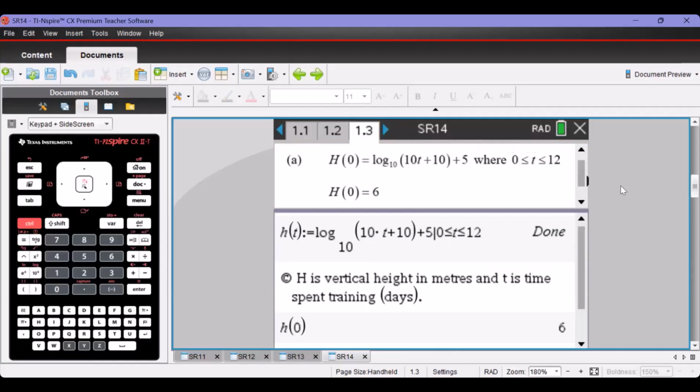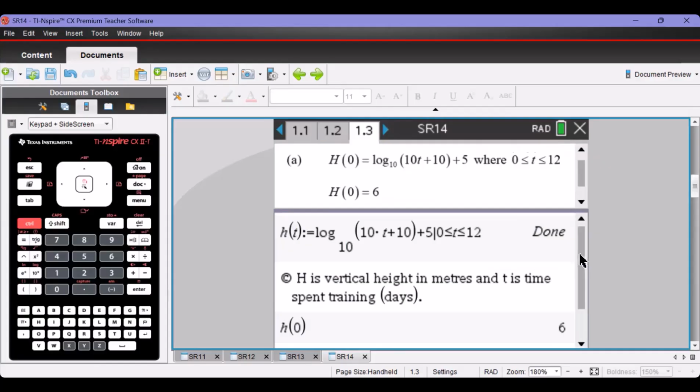If we substitute t equals 0 into h, 10t becomes 0. Log to the base 10 of 10 is 1, and 1 plus 5 is equal to 6. So the initial vertical height is 6 metres.